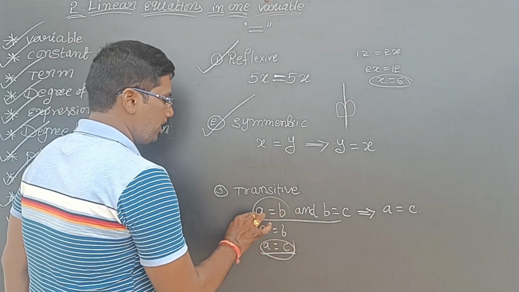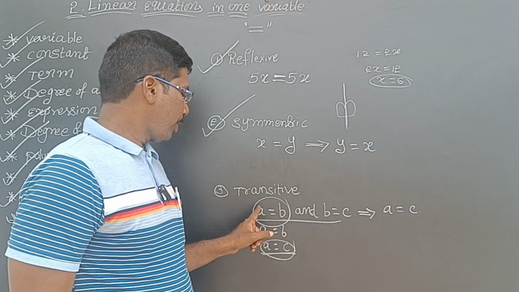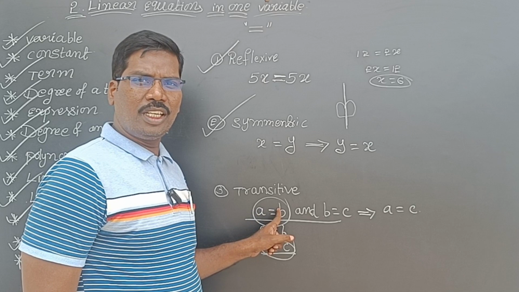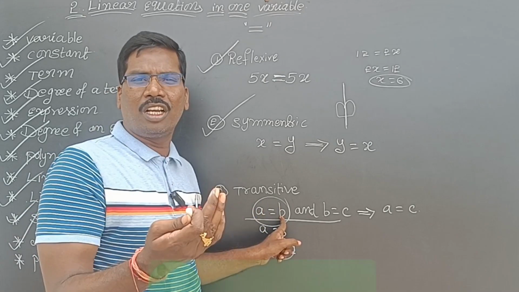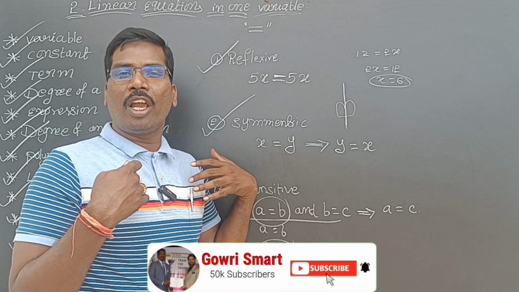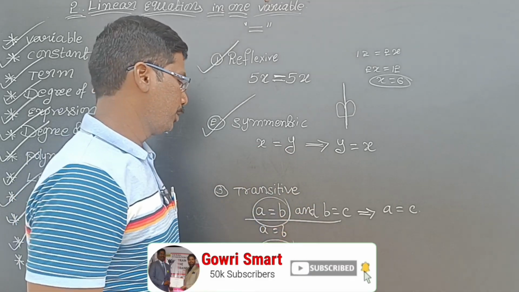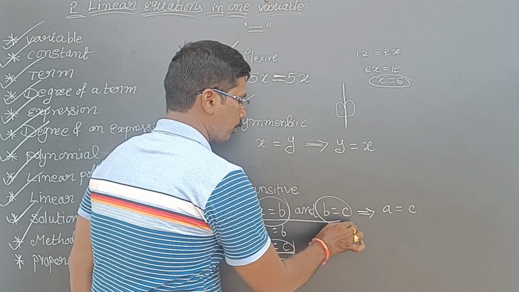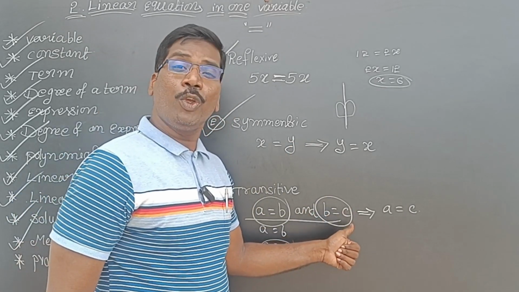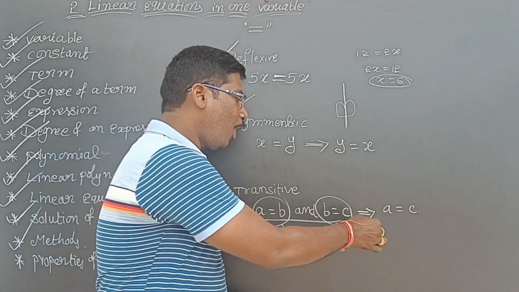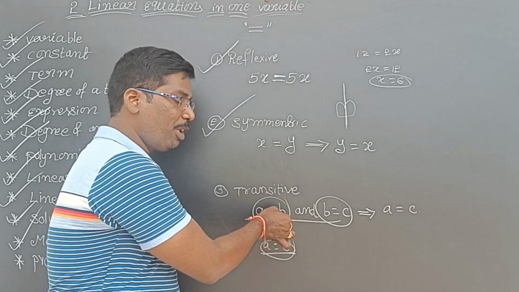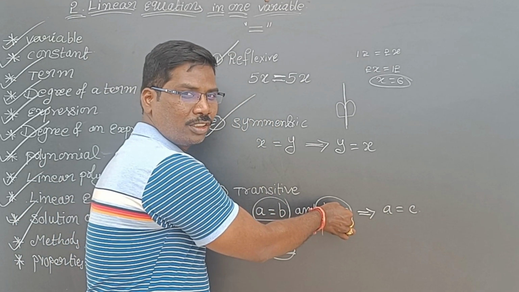A is equal to B, sir. I like you, sir. You are my favorite, sir. A is equal to B, sir: I like you, sir. B is equal to C: you like your daughter, sir. Then automatically, A means I, B means sir, C means sir's daughter.